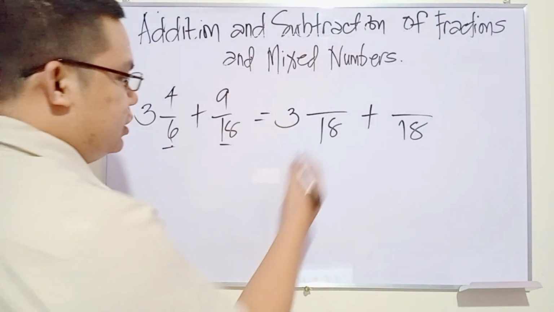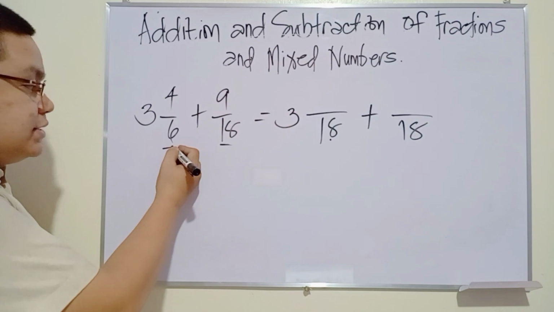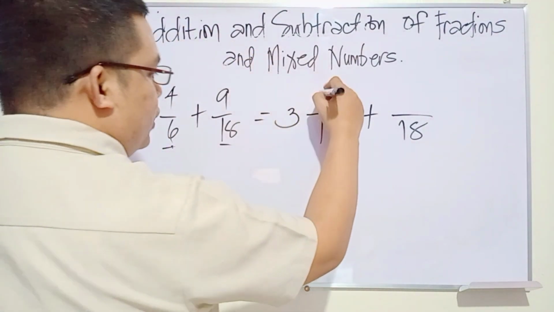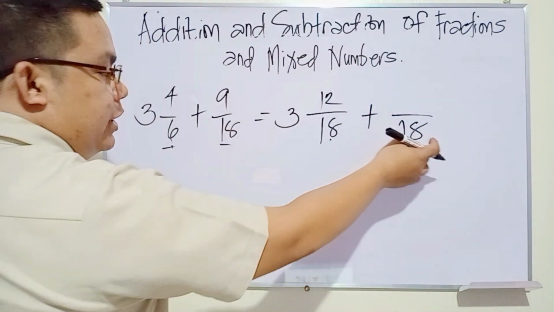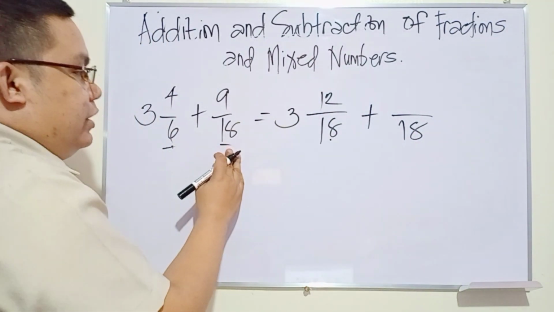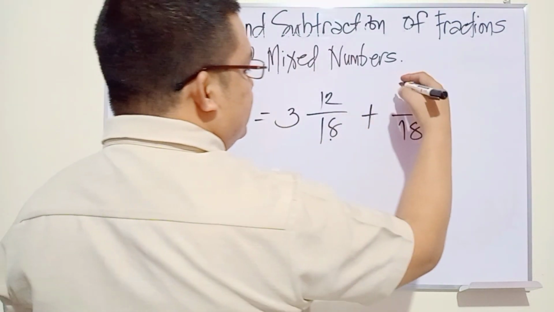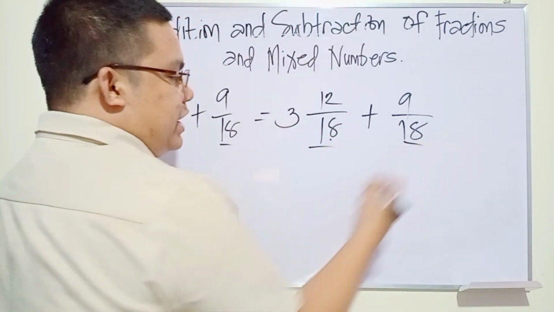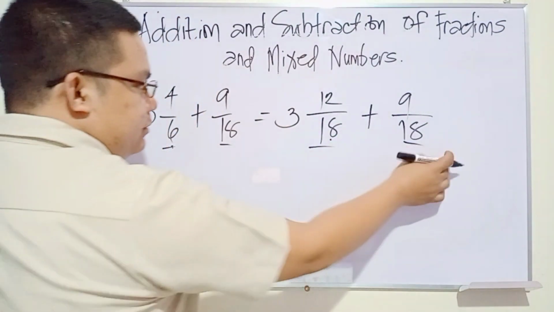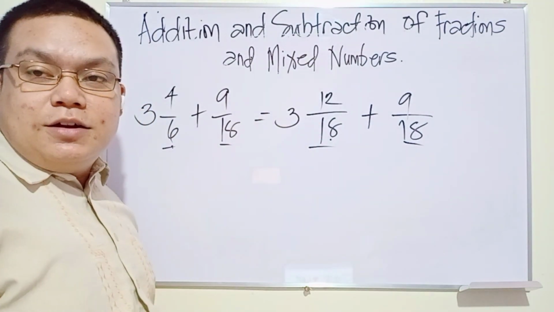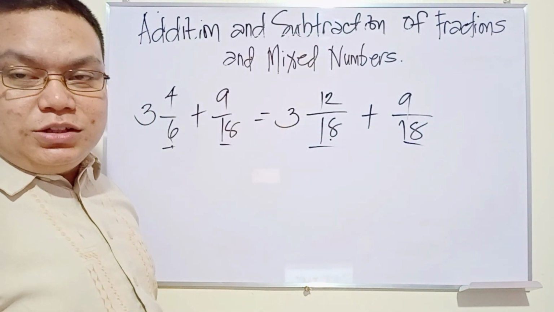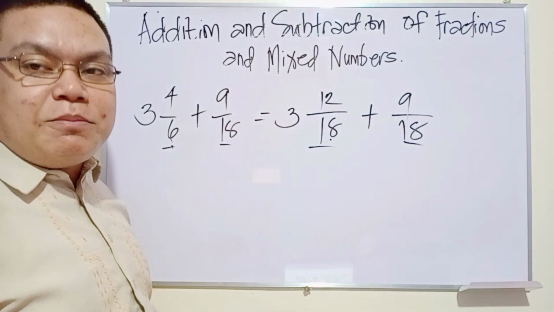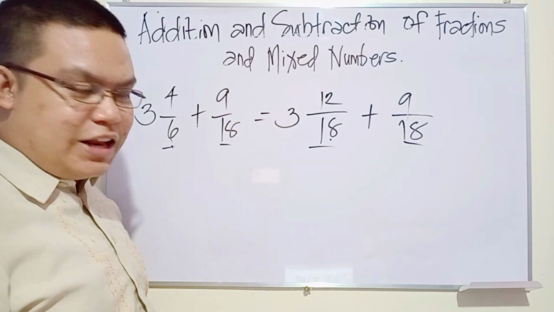Using 18 as our LCD, we're renaming the fraction. 18 divided by 6 is equal to 3 times 4 is equal to 12. 18 divided by 18 is equal to 1 times 9 is equal to 9. So pareho na po sila ng denominator, 18. So, sabi nga ni Sir kanina, when you add or subtract a similar fraction, you just add or subtract its numerator, then copying the denominator or the common denominator.